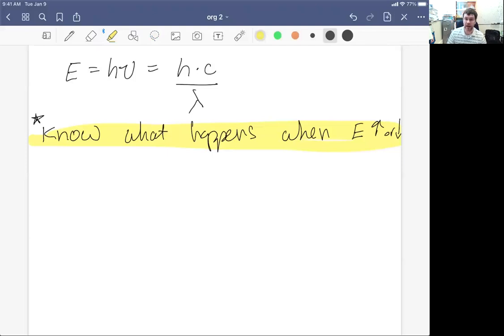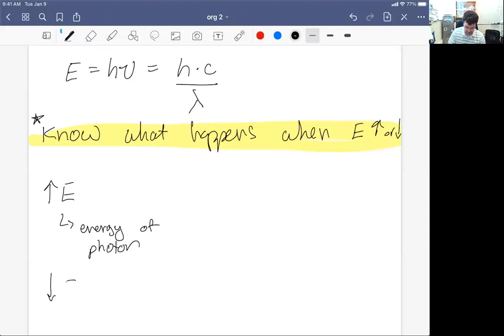That is, I want to know what happens when the energy of a photon increases or decreases. Recall this is the energy of a photon, and different photons can have different energies. So that means photon energy could go up or down, right?